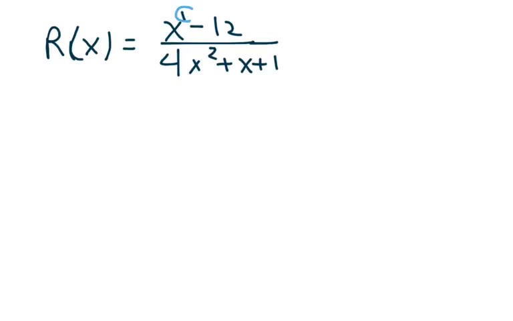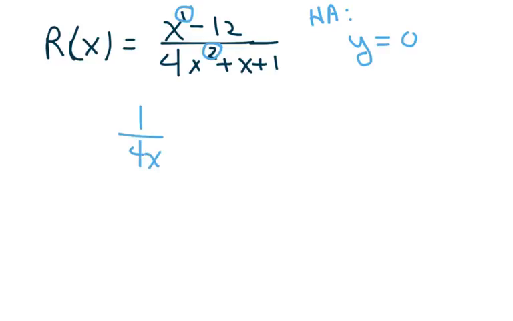So 1 is less than 2. That means this is called a proper rational, and we're going to have a horizontal asymptote at y equals 0. Horizontal meaning the line that goes horizontally. So that's my horizontal asymptote. Now, as far as limits go, let's just look at something. Let's just say we have 1 over 4x.